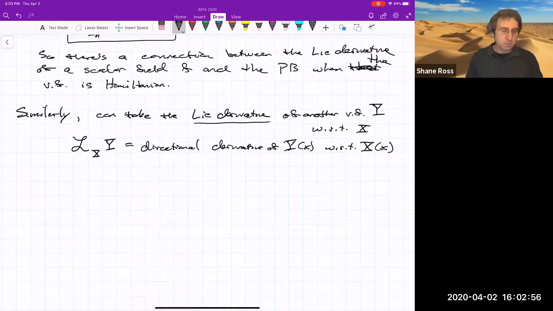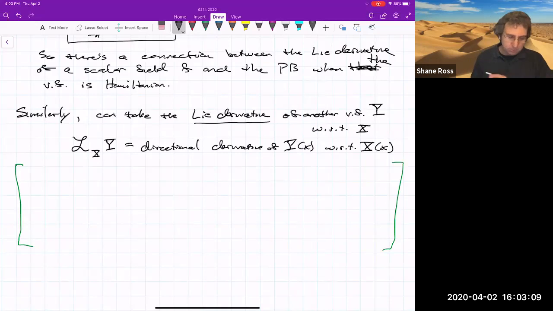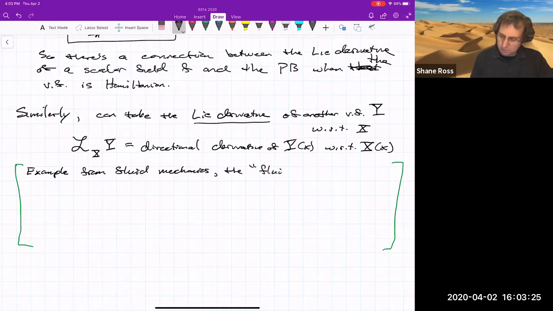There is an example from fluid mechanics that I might mention as an aside. This isn't coming out of the clear blue. There is some motivation from fluid mechanics, which is sometimes called the fluid derivative, and this is where people use different kinds of notation. So when does this get used?